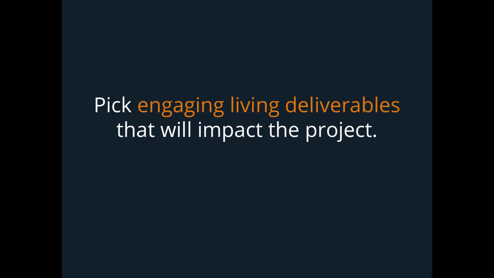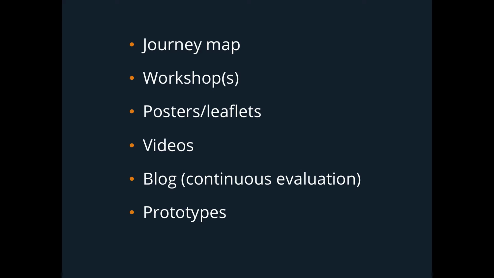So, we try to pick deliverables that are engaging and in some way can kind of live within the project long after I'm gone, and perhaps even that agile team is gone. So we pick deliverables that can live, and we pick deliverables that can tell kind of the whole story, not just this kind of feature that was missing or usability problem that we saw.